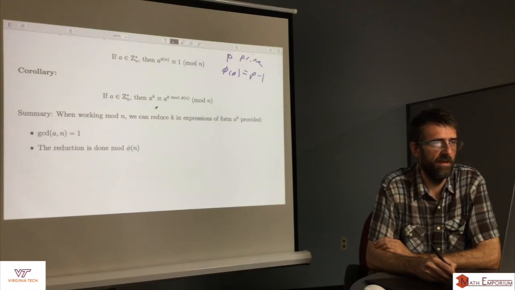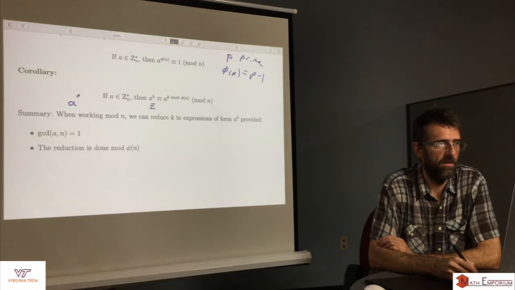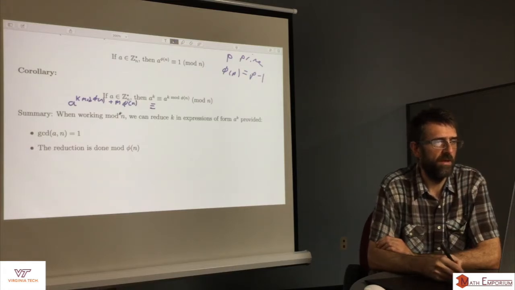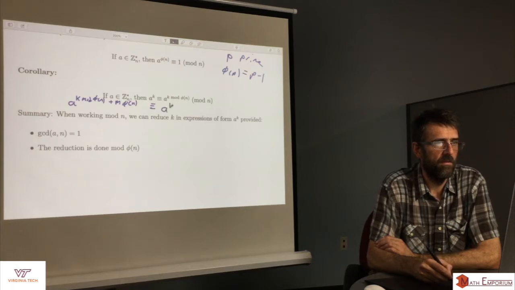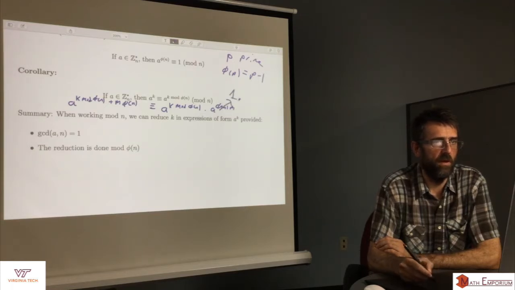So this left-hand side is also congruent to a to the k reduced mod phi of n plus some n times phi of n, but then that whole part would just be going to 1.